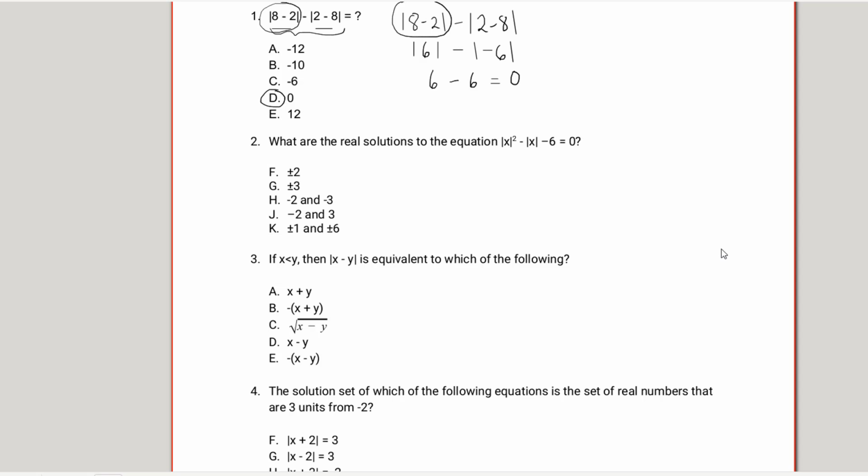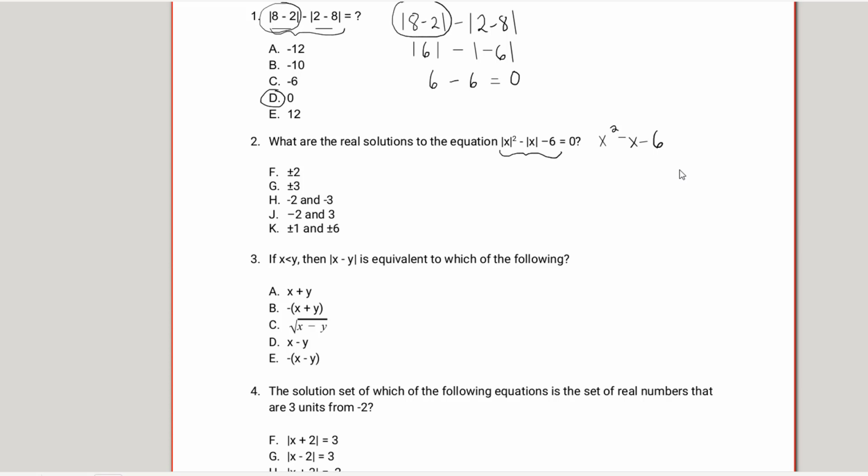Next, looking at question 2, what are the real solutions to the equation absolute value of x squared minus absolute value of x minus 6 equals 0? So this expression here looks very much like a quadratic. It is. If we saw it in the form x squared minus x minus 6, we know that we would factor, and that is one way that we can go to the answer.